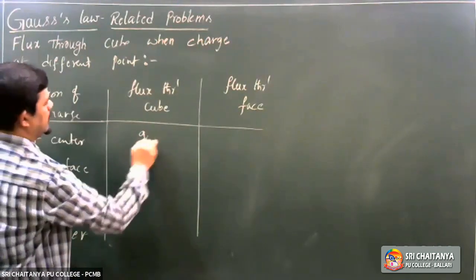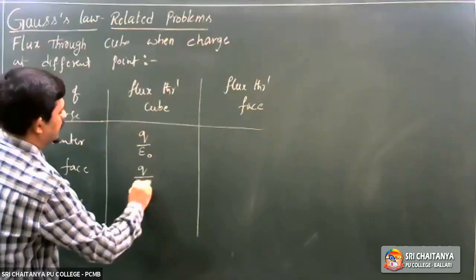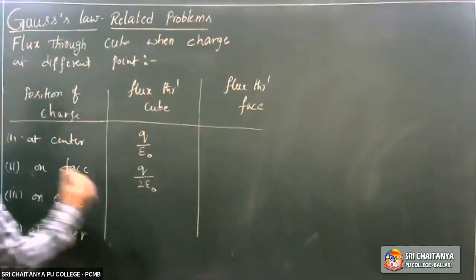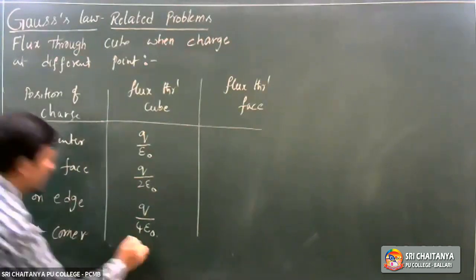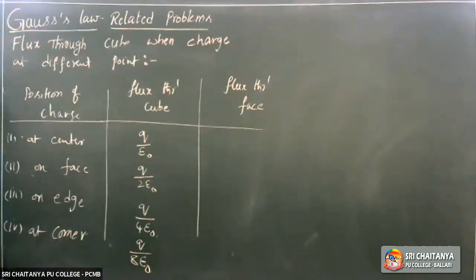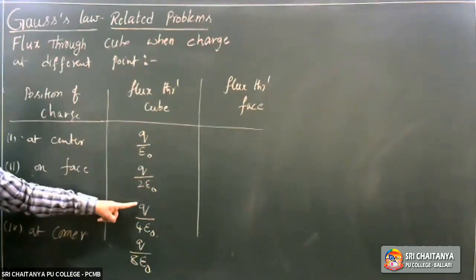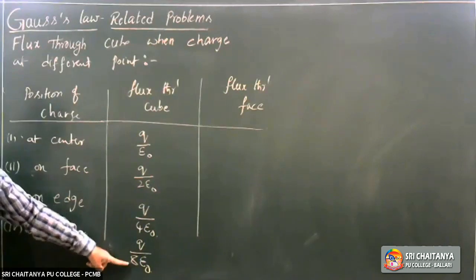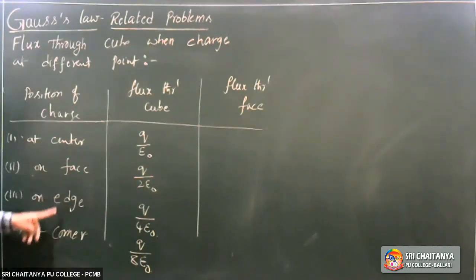At center Q by epsilon naught, on face Q by 2 epsilon naught, on edge Q by 4 epsilon naught, on corner Q by 8 epsilon naught. Finish. See, you can remember Q by epsilon naught, Q by 2 epsilon naught, Q by 4 epsilon naught, Q by 8 epsilon naught. Center, face, edge, corner. C, F, E, C. Remember it.